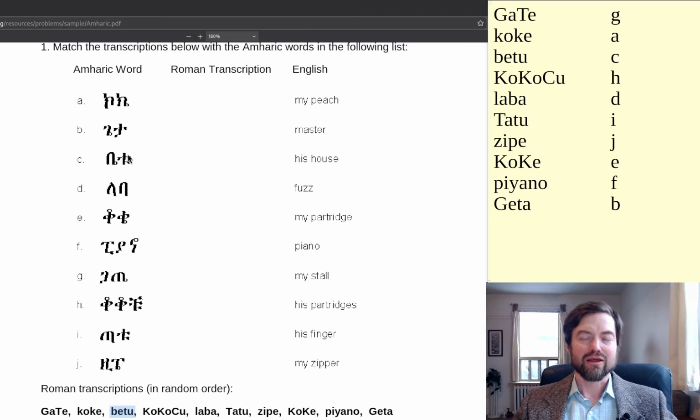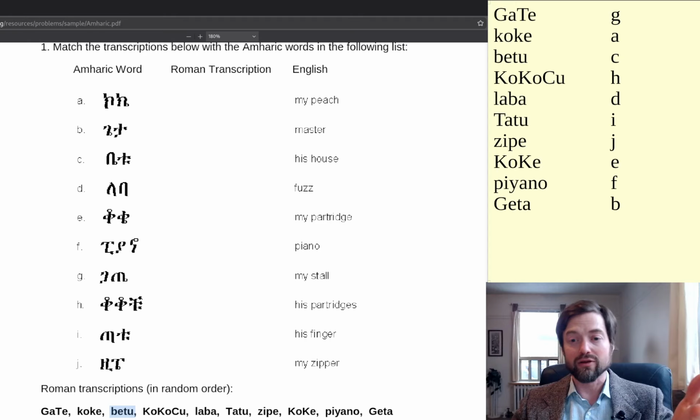You can see betu here means his house. And this really goes deep into the origin of the letter B. You can see ancient Greek, it's called beta, and we call it B. And this is cognate with Semitic languages. You can see many similar words, like in Arabic and Hebrew, meaning house.